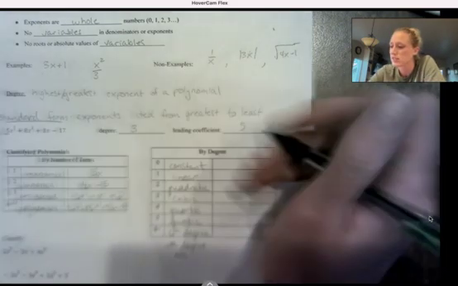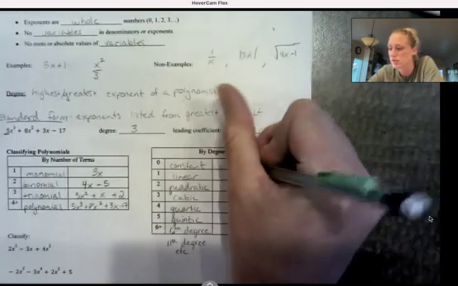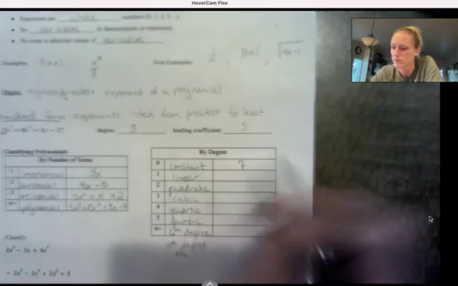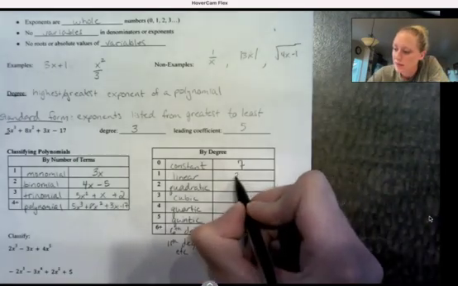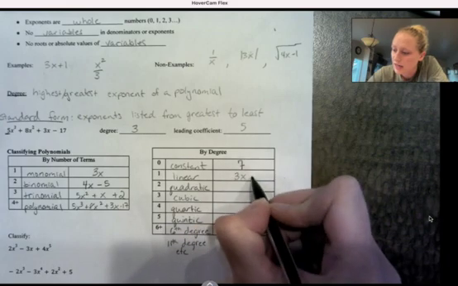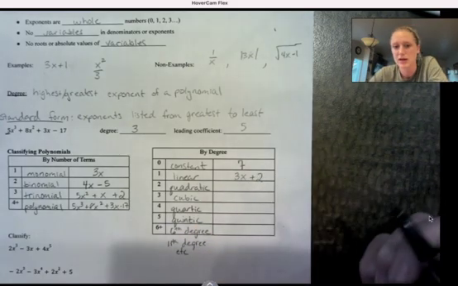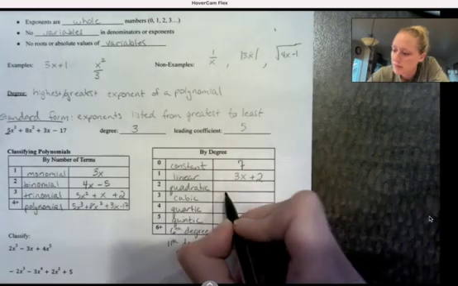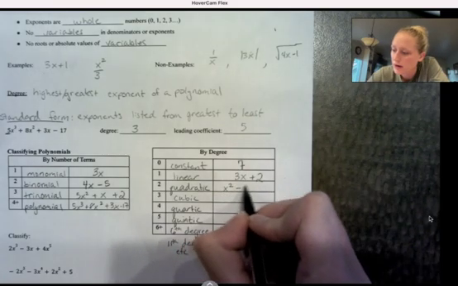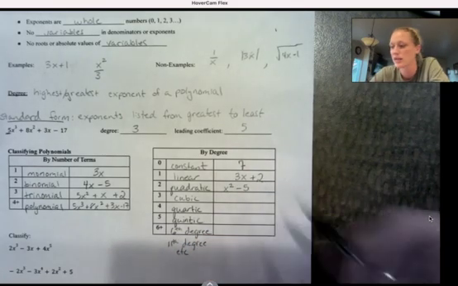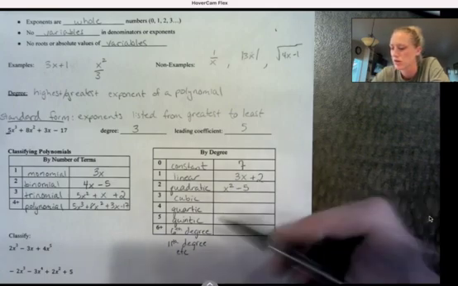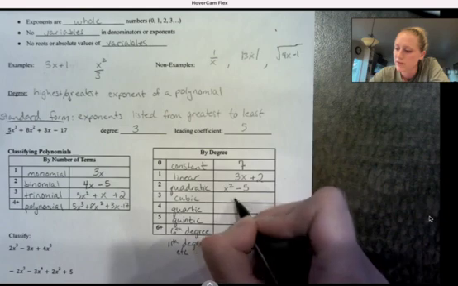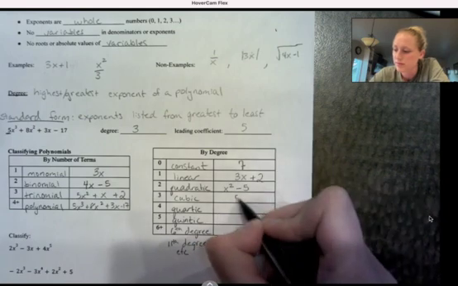We also can classify it by its degree. If it's constant, it's just going to be a whole number, something like 7. If it's linear, then it has something to the first degree. A quadratic is something where I have x squared involved, and I don't have to have everything in between, just the highest exponent is a 2. A cubic is something to the third degree.